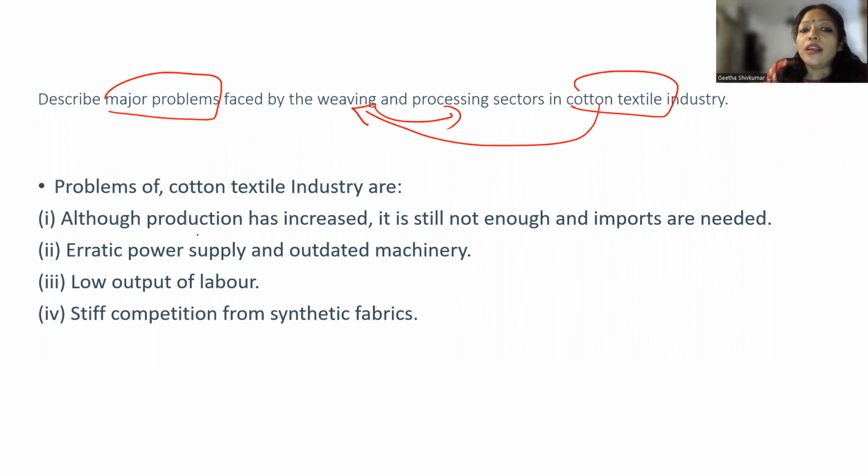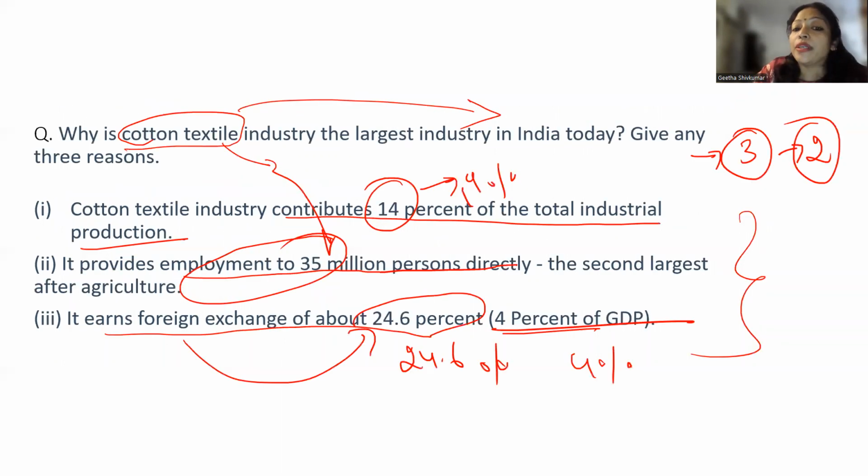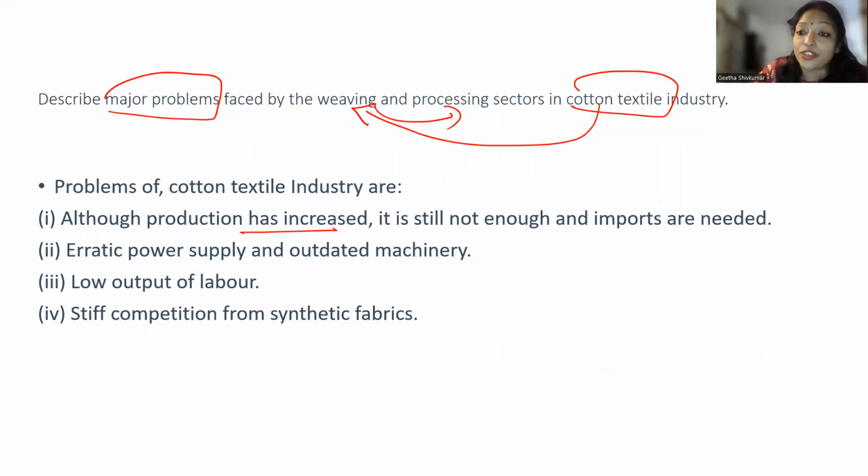Here we are talking about the problems in weaving and processing in the cotton textile industry. The first one: although production has increased, it has generated 35 million employment, 24.6% of foreign exchange and 14% of total production, but still it is not enough and imports are needed.